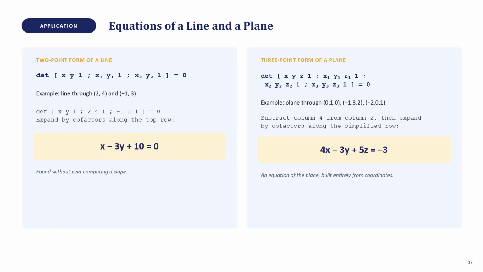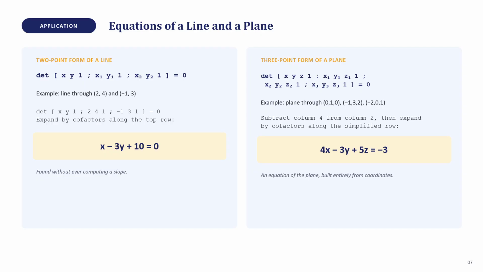Example, a line through 2, 4 and negative 1, 3. Since we have x, y, 1, 2, 4, 1, negative 1, 3, 1 equals 0, we expand by cofactors along the first row. Right?